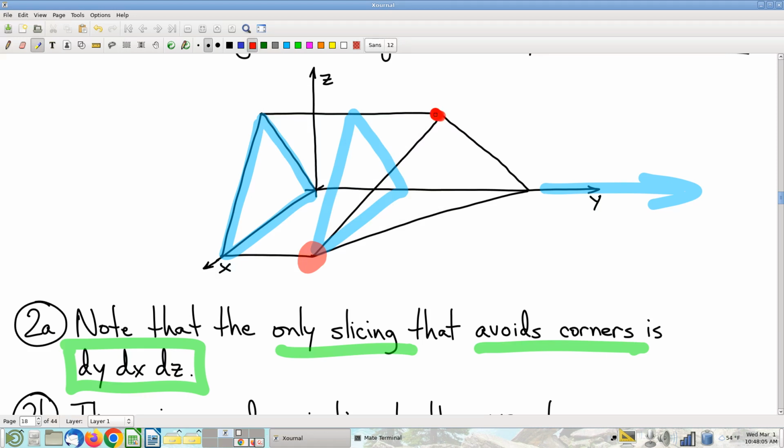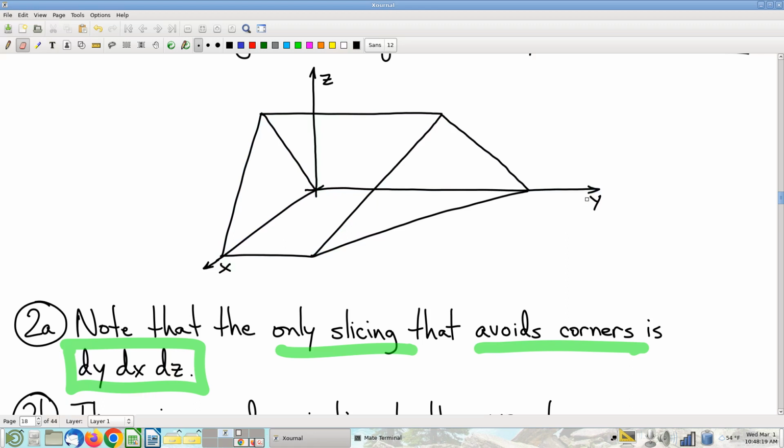And then also this corner right here, which is annoying. So no good. So we're not going to put dy on the outside. Everybody buy it? And just, again, go through all your other options. They all stink except for this one.